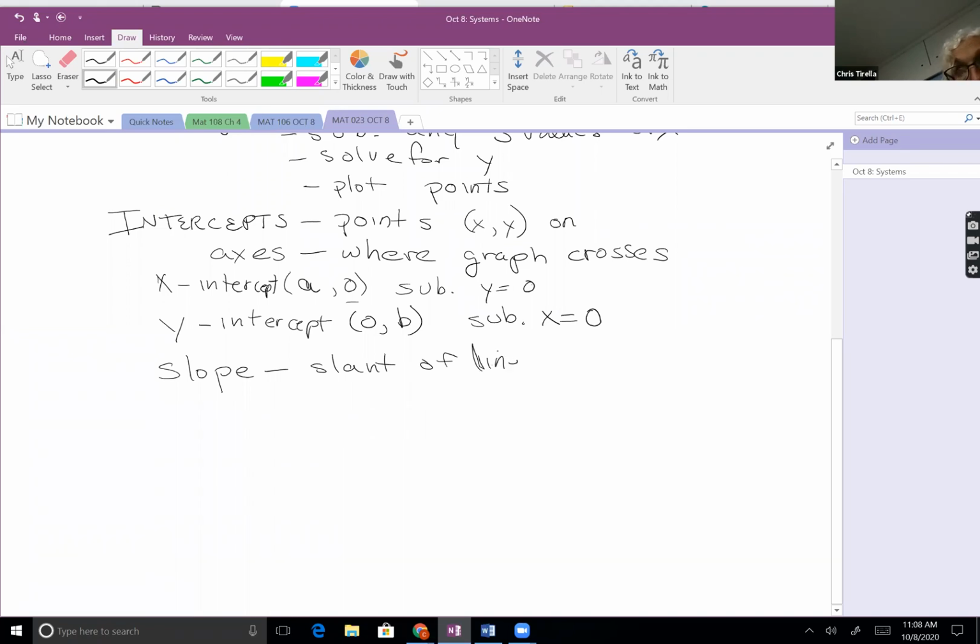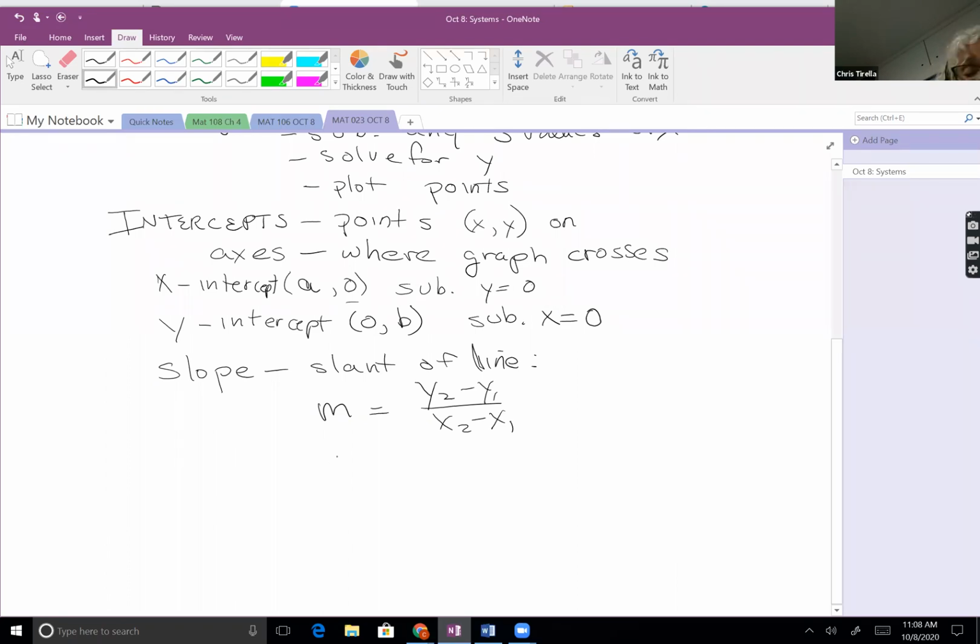And we had said that when we look at slope, the definition of slope is rise over run, which is the difference in the y values over the difference in the x values. It's a number. It doesn't have a variable attached to it. It's just a number. Usually it's a fraction.